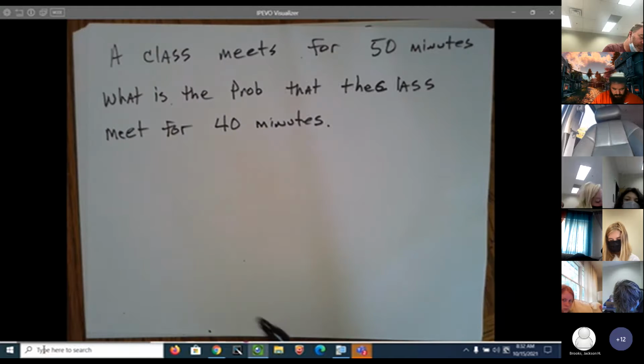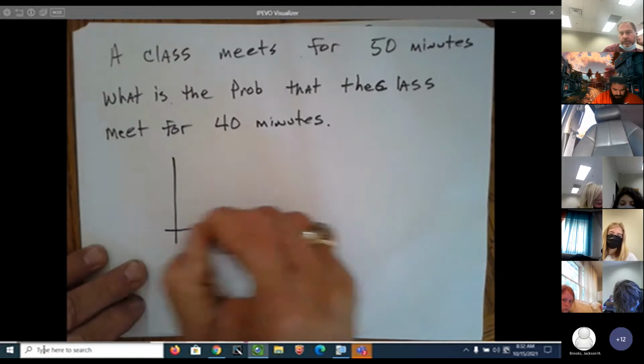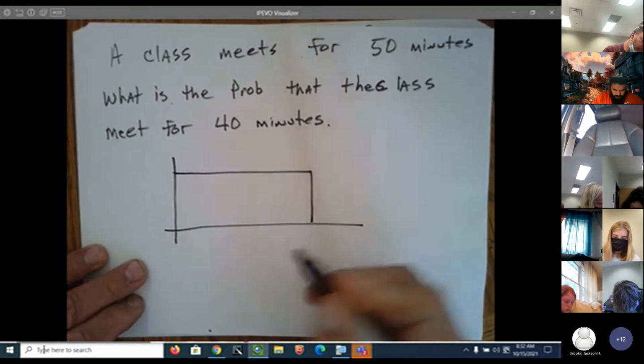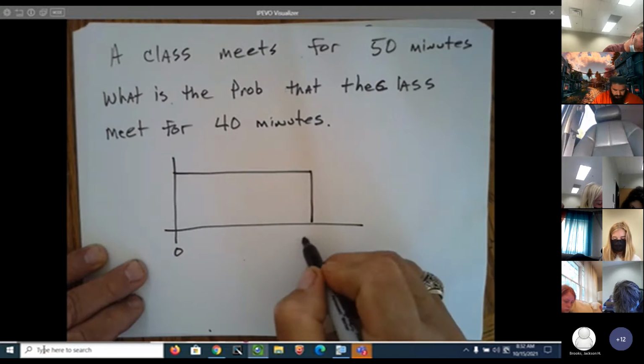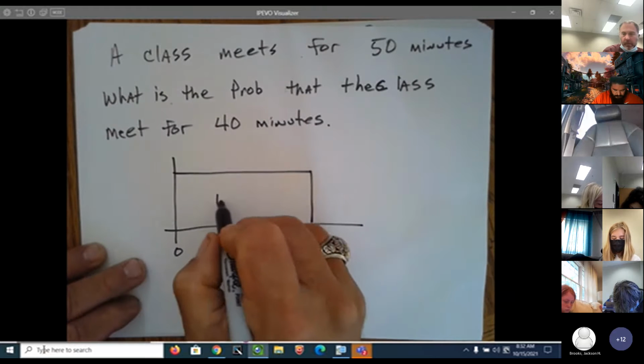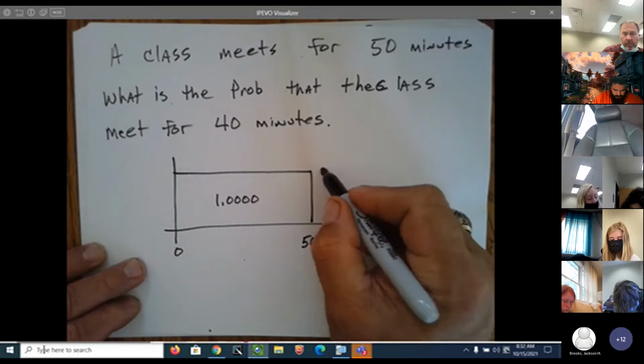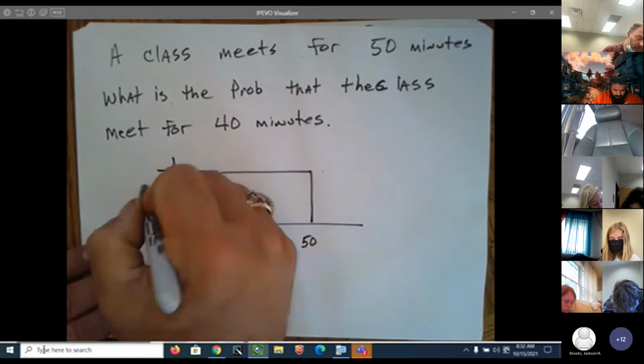Okay, so you draw a picture. Zero to 50, 1.0000. So the height would be 1/50th.